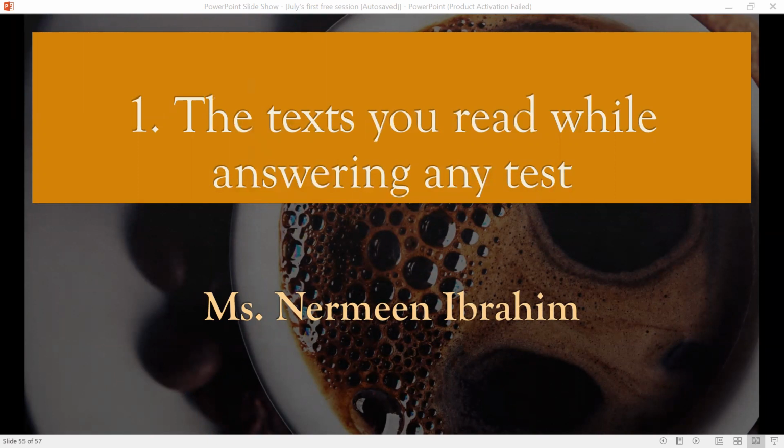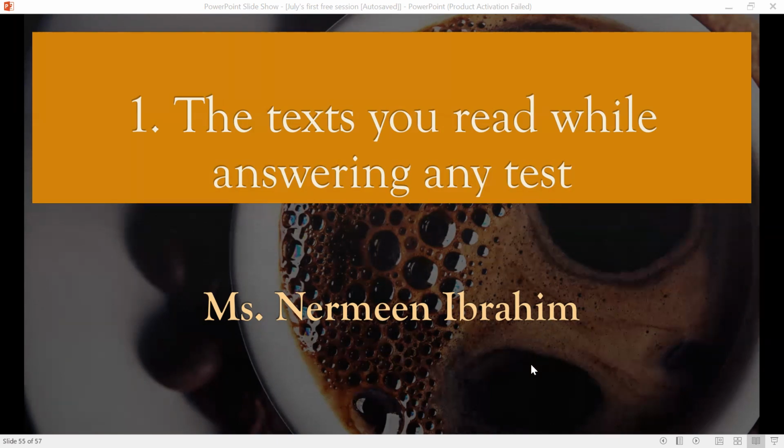While you are studying these texts and working on these different types of questions, the main idea questions, the main purpose questions, the textual evidence questions, the graph questions, you will be coming across certain words that are not familiar to you. You have to read the text and write down the meaning of any new word.